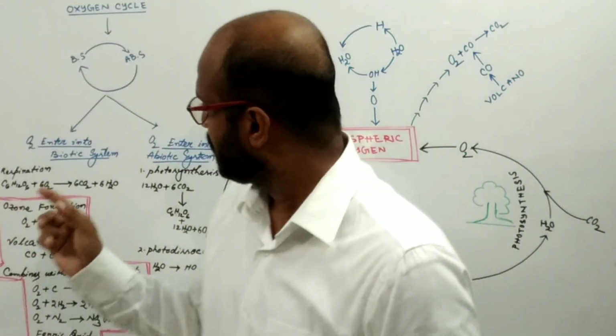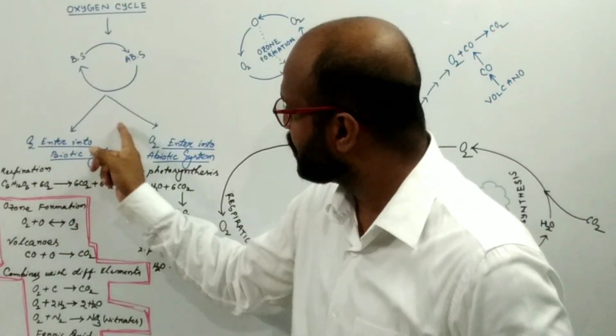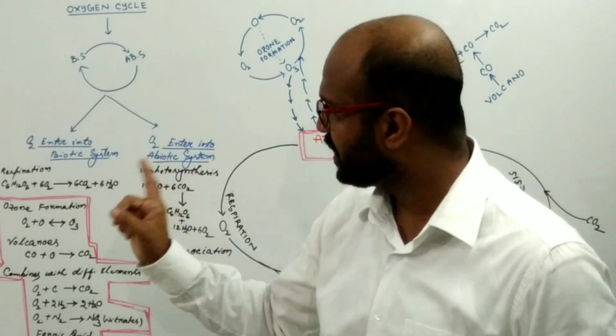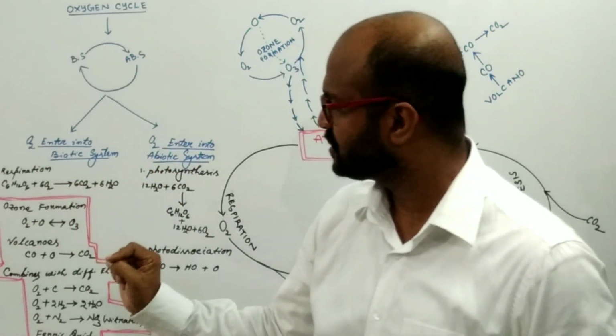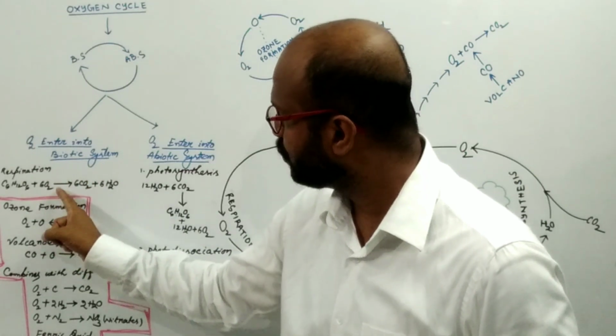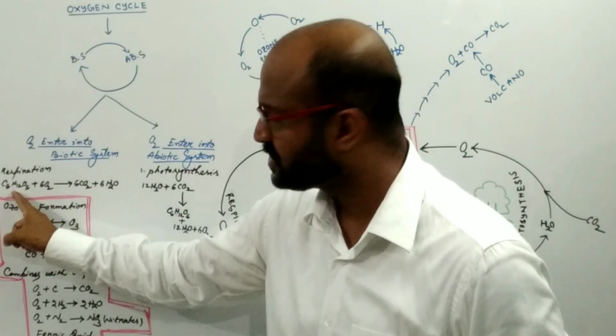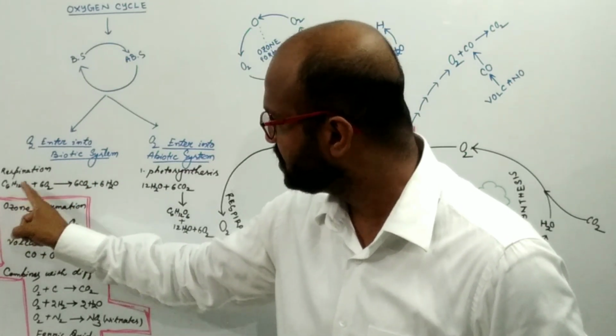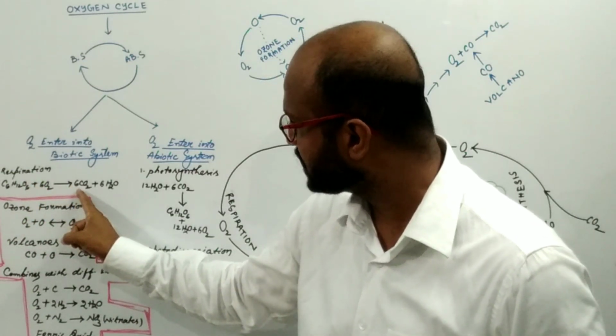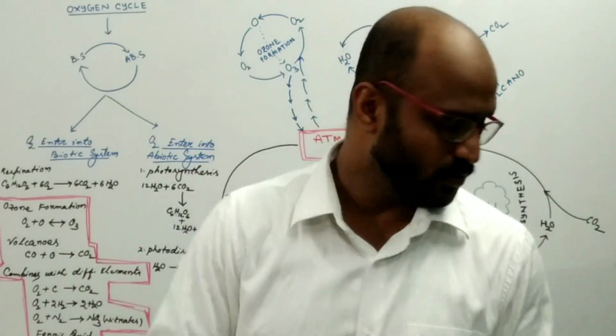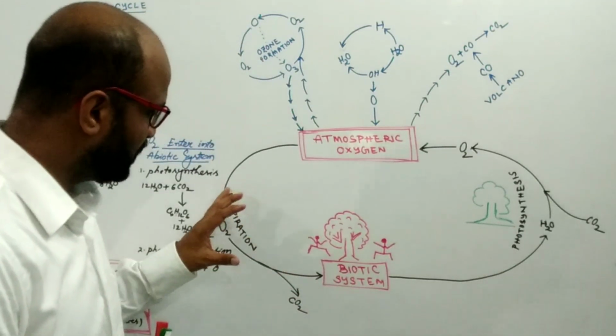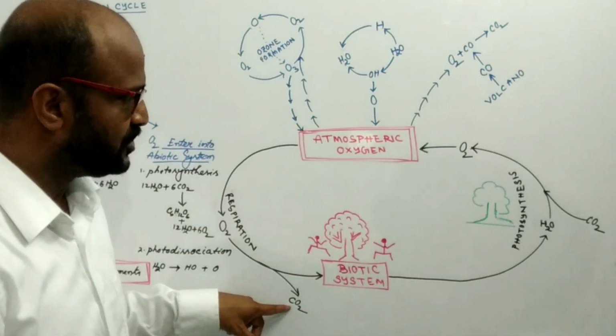So how oxygen enters the biotic system is under one heading, respiration. Respiration is the process by which carbohydrate food matter C6H12O6 is oxidized into carbon dioxide and water. So by respiration, carbon dioxide is released into the atmosphere.